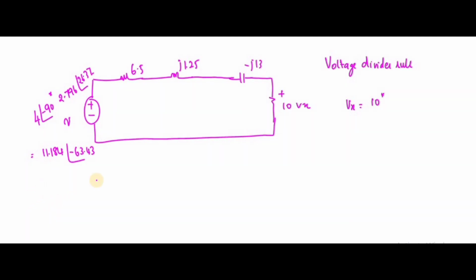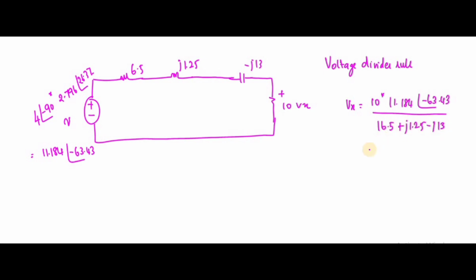So 10 into 11.184 angle minus 63.43, divided by the total impedance value: 6.5 plus 10 is 16.5, plus J1.25 minus J13.